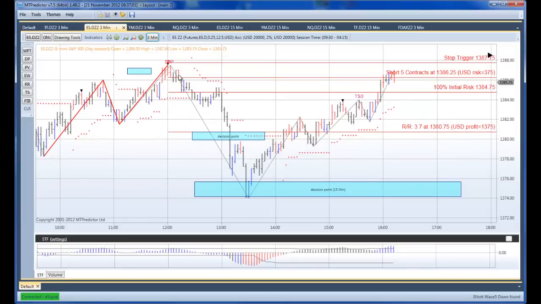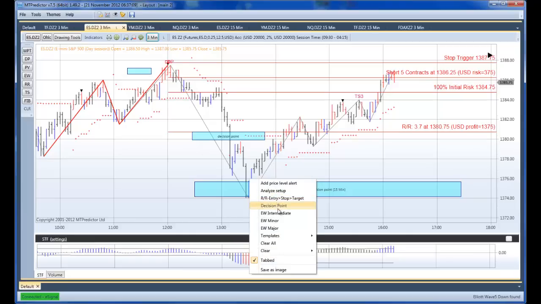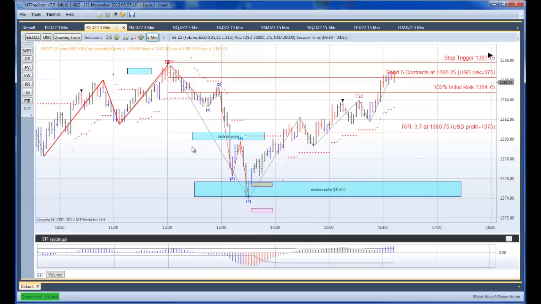More amazing than that, if we look at the minor pattern in this decline, let's hover over the bar at the bottom, right mouse click, do Elliott wave minor. Can we see how we had a beautiful 1, 2, 3, 4, 5 with the low pretty much at the minimum wave 5 WPT there?